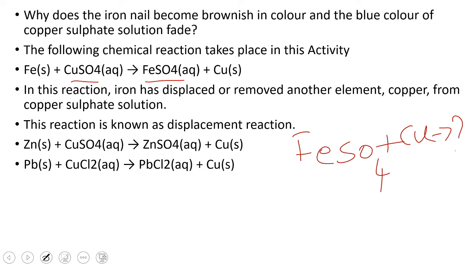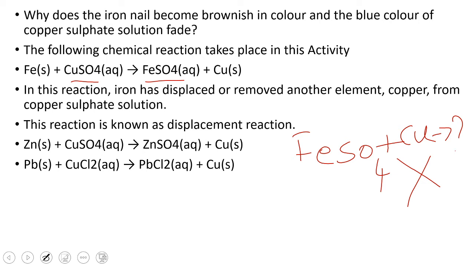Here no reaction takes place because iron can displace copper, but copper cannot displace iron, because iron is a stronger metal when compared to copper. Highly reactive metals can displace less reactive metals, but less reactive metals cannot displace highly reactive metals. So the reverse reaction is not possible.